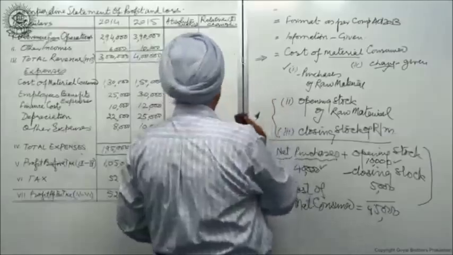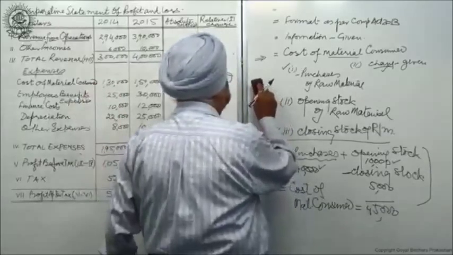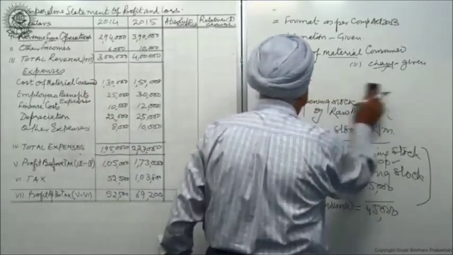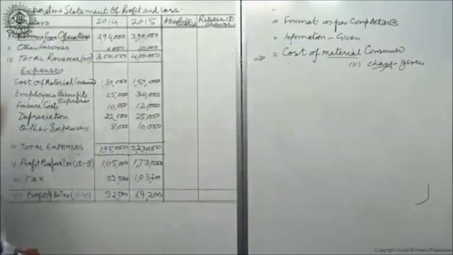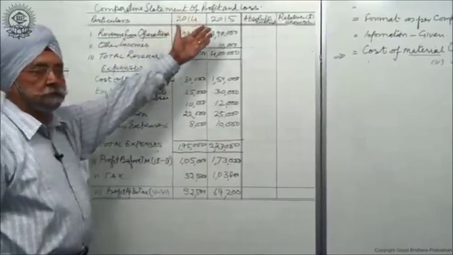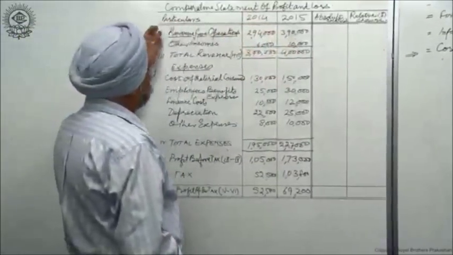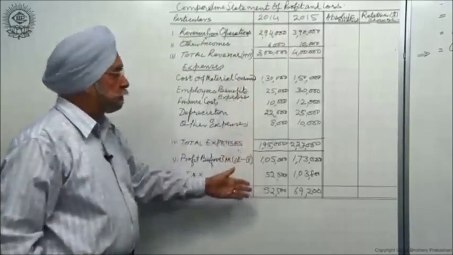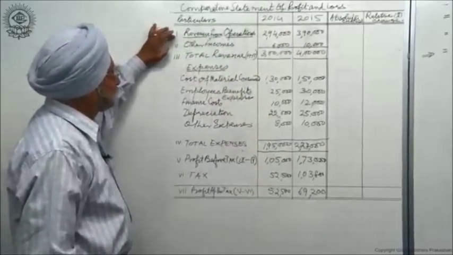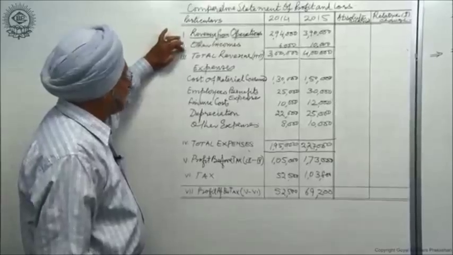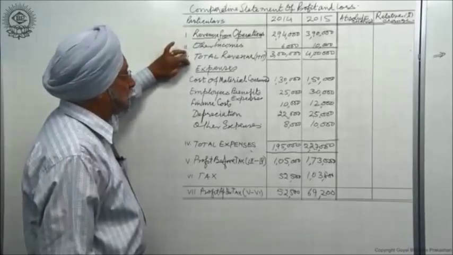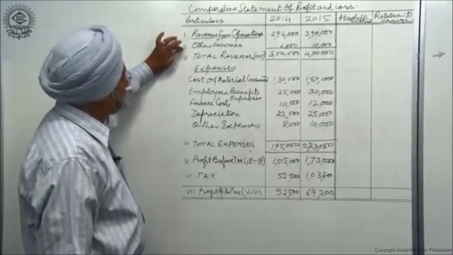You will be given the entire information, and from the information you have to prepare the comparative statement of profit and loss. I have noted down some information for you. It is revenue from operations, then other income, then the total revenue, which is 1 plus 2.